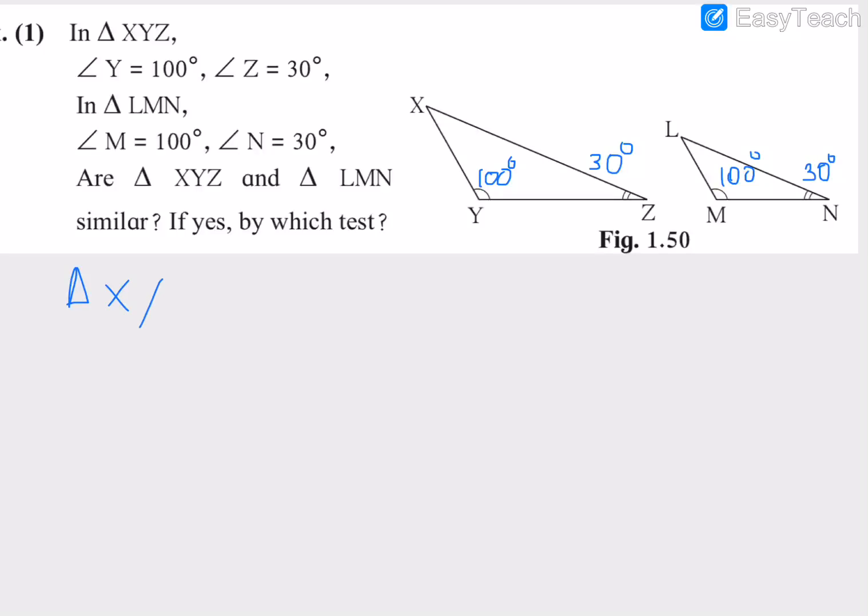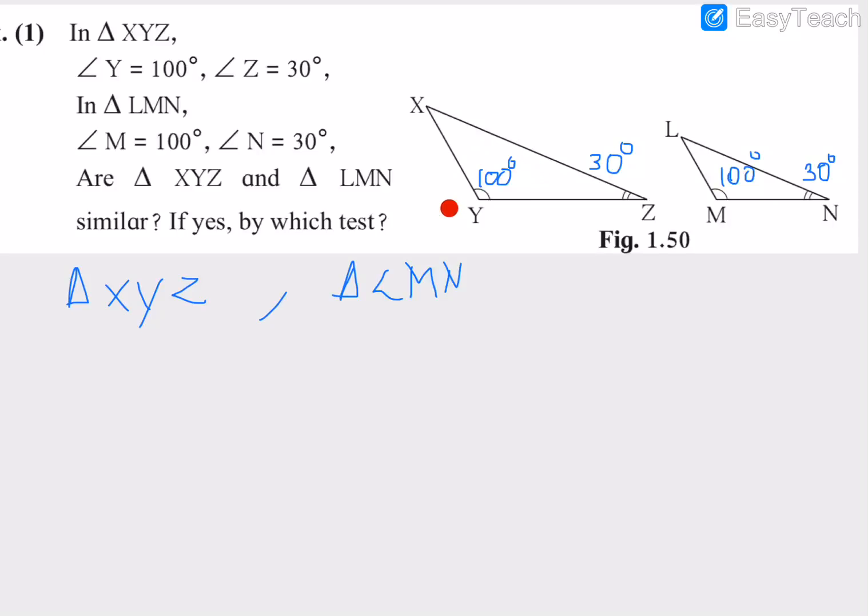So in triangle XYZ and triangle LMN, angle Y and angle M are 100 degrees.